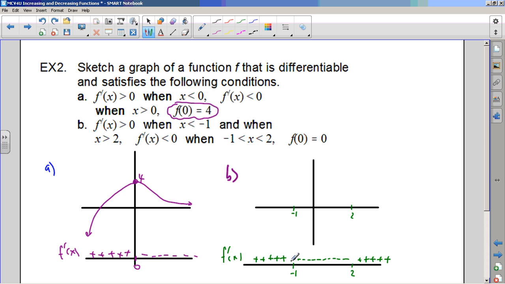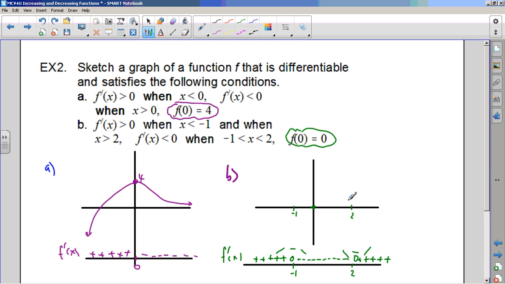So what's going on at -1 and x equals 2? Probably a min or a max. And notice I kind of know what's going on because this is increasing, 0, decreasing, 0, increasing. There's going to be a max at x equals -1 and a min at x equals 2. So as long as I have this other thing that's true, I can make this happen.